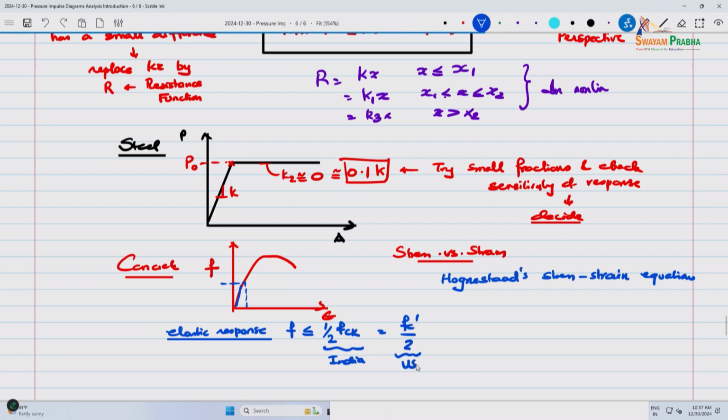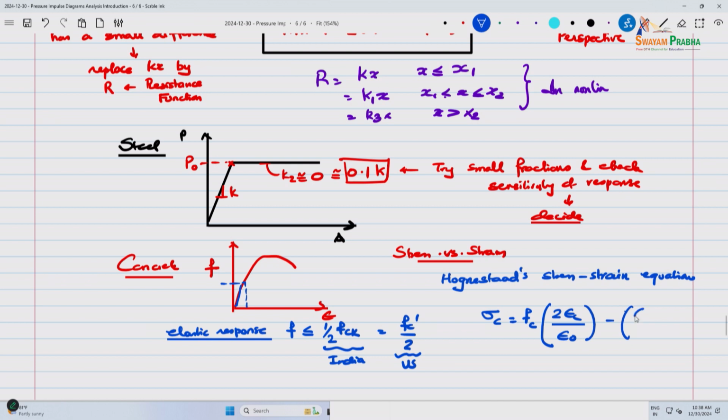Does anybody have an expression? Sigma C is equal to FC. FC is the FCK, right? 2 times epsilon c by epsilon c naught, cube, no? minus epsilon c by epsilon c naught square.